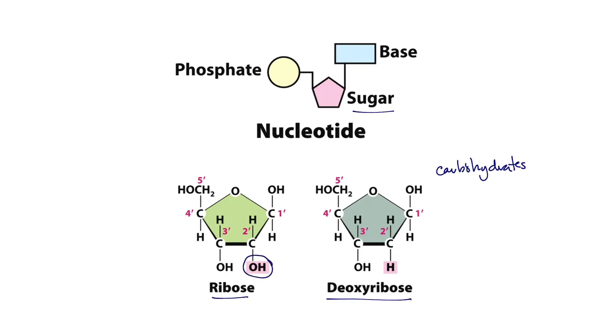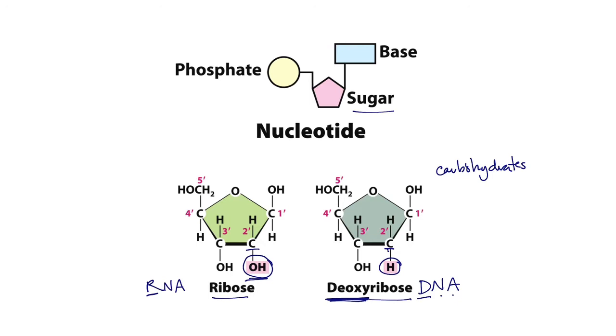That's this OH versus H on the second carbon here. Deoxyribose has its name because it's had an oxygen removed, it has one fewer oxygen than what's present in ribose. So deoxyribose is what makes up the backbone of DNA, deoxyribonucleic acid, whereas RNA is ribonucleic acid.